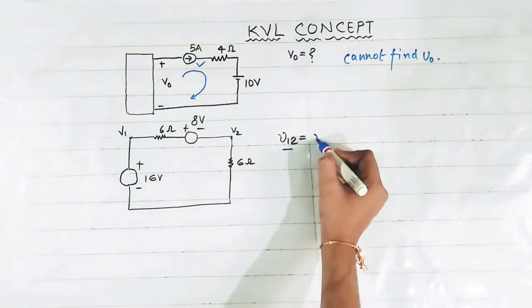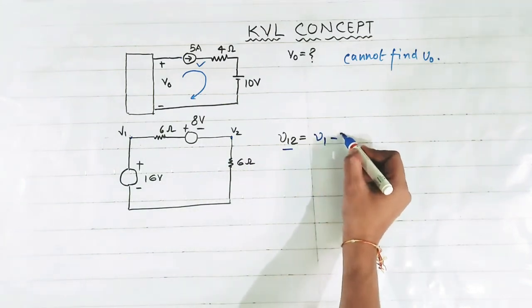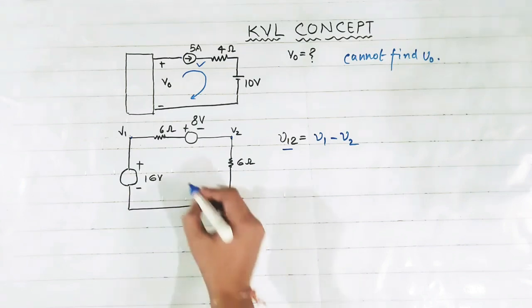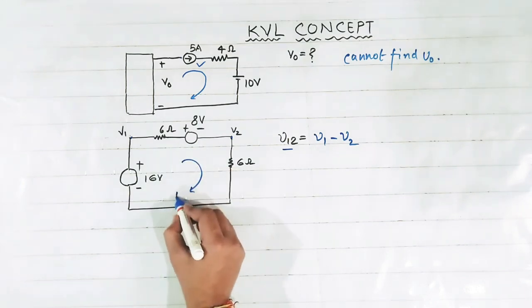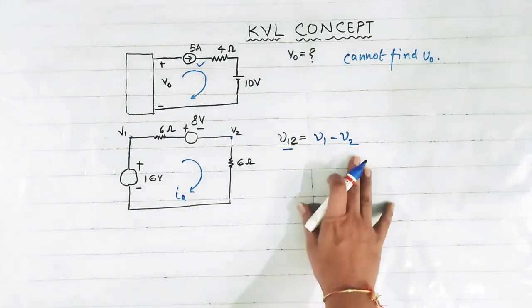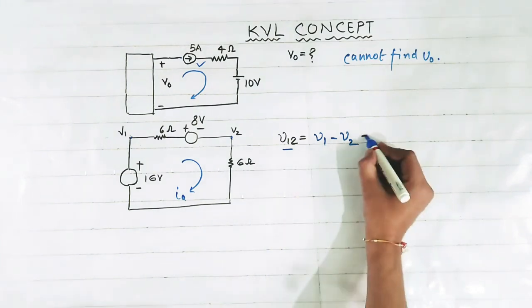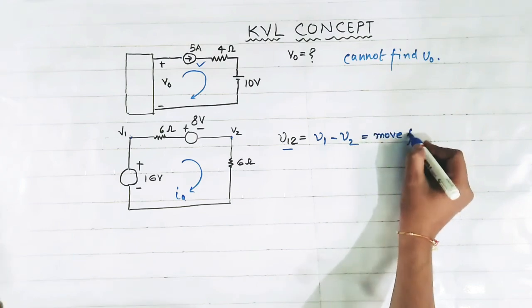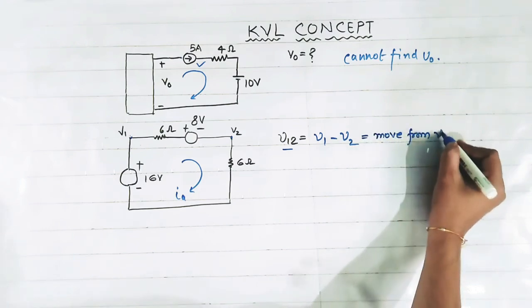V12 means V1 minus V2. To find the voltage V1 minus V2, suppose the current in this loop is IA. To find V1 minus V2, we have to move from V1 to V2.